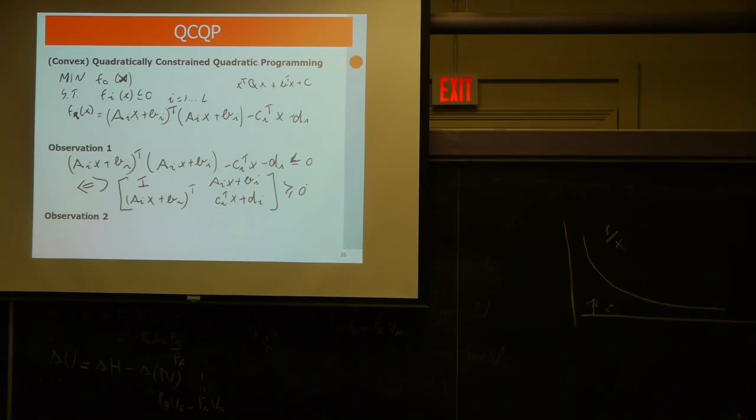Do you remember what that trick was? So we have an ugly objective with some constraints. How did we rewrite this to have a linear objective?